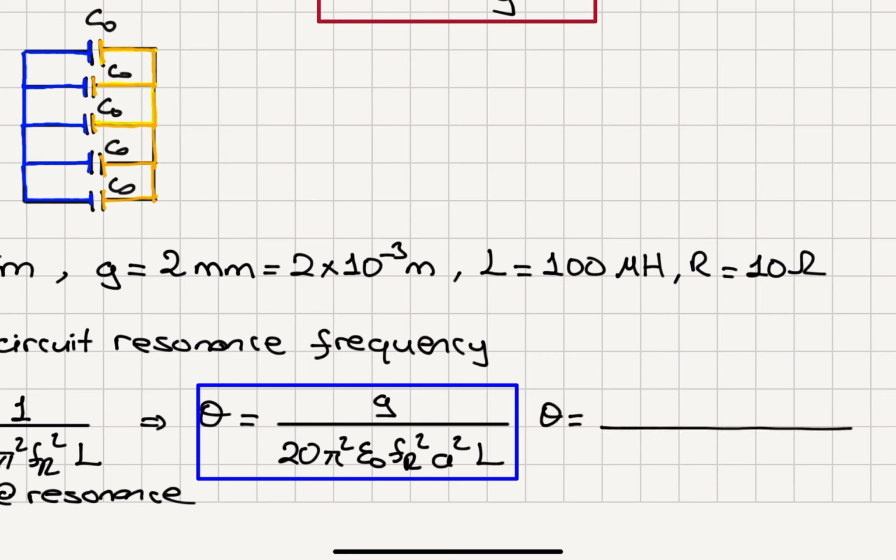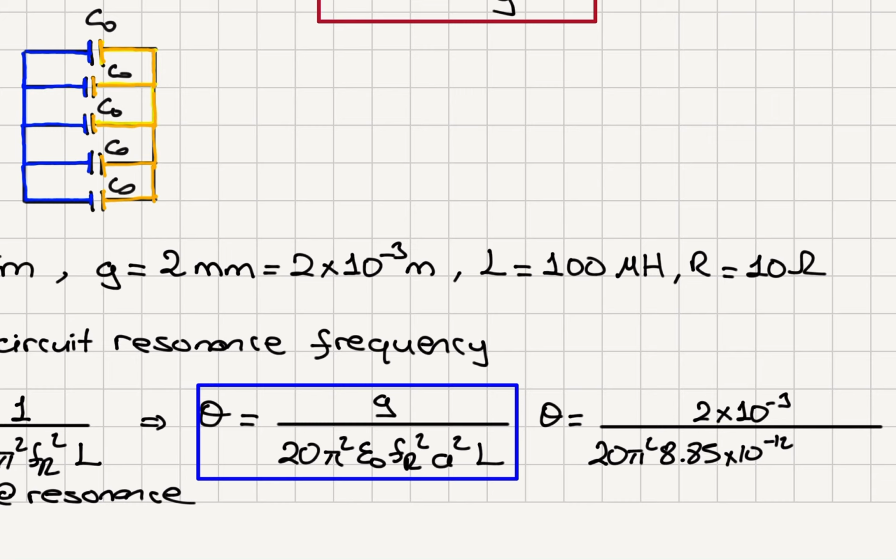Theta is equal to the gap distance 2 times 10 to minus 3 meters, 20 pi squared epsilon 0, 8.85 10 to minus 12.